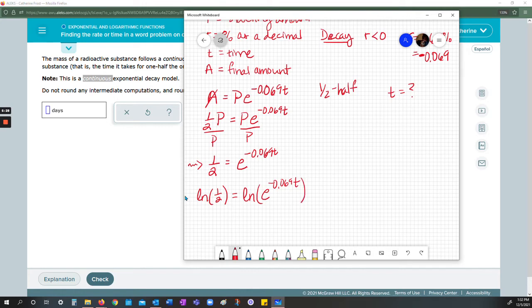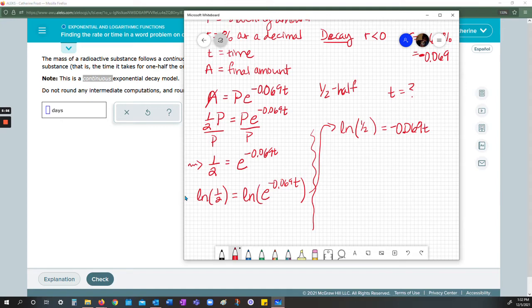But you could actually skip writing that, because the whole point is that we're going to get that exponent out. So we're going to have natural log of 1/2, or if you like 0.5, equal to negative 0.069t, because that's the whole point of doing the log, to get that exponent.